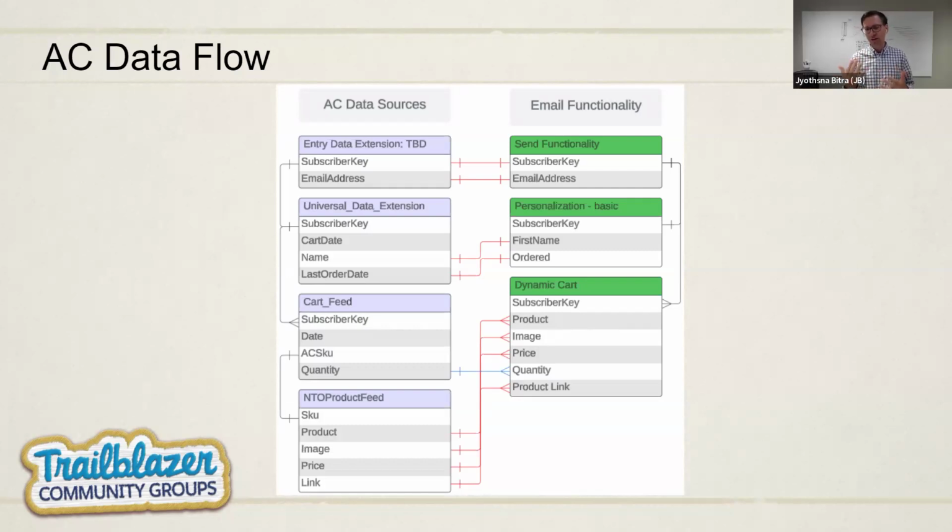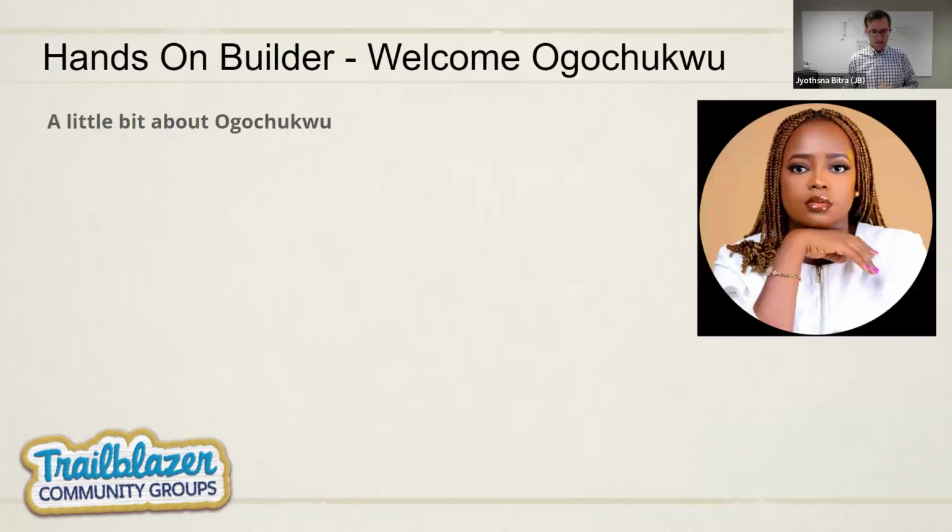And then each of those cart items are connected to a product feed data extension that has all of that relevant information that we want to display for that product itself. So we'll be digging into that data architecture as we're building out that custom table.